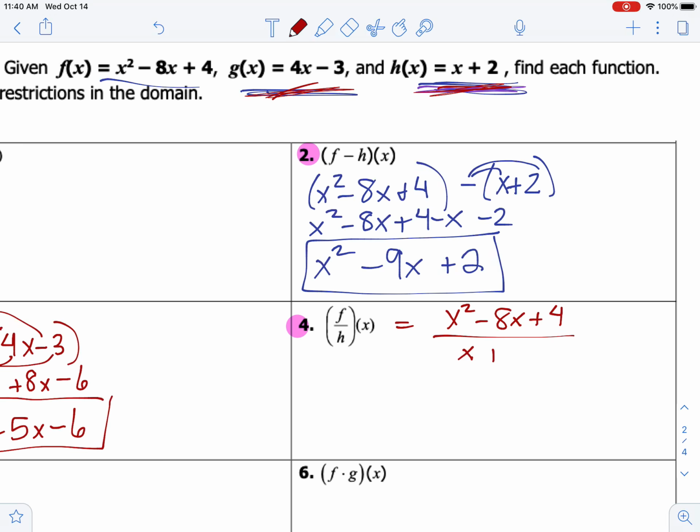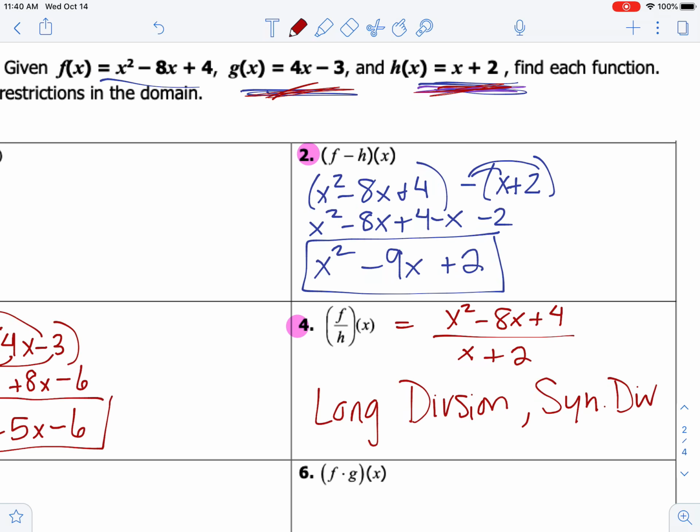Now, guys, I am going to pause on this one and tell you that we haven't learned this yet. And I'm not going to teach it to you in a video. So next week we're back in school, but next week we would be learning long division and something called synthetic division. Okay, so that is how I would have to do this problem.